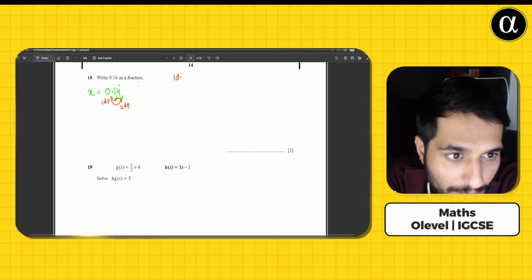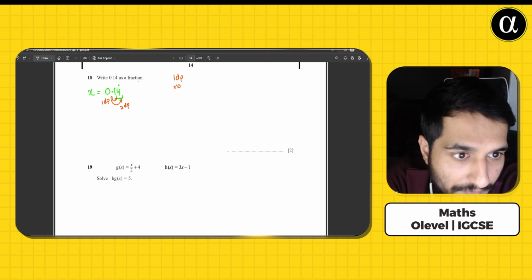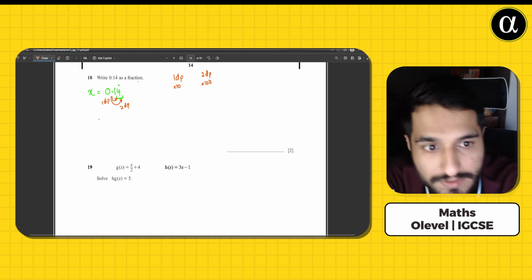So we need to keep in mind 1 decimal place is basically a multiple of 10, and 2 decimal places is basically a multiple of 100. So we multiply these equations with 10 and 100.